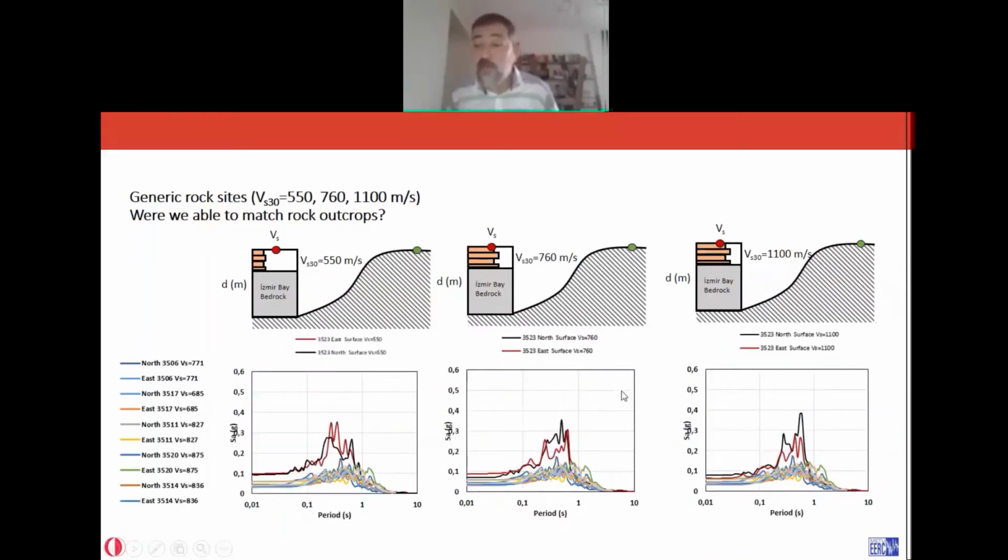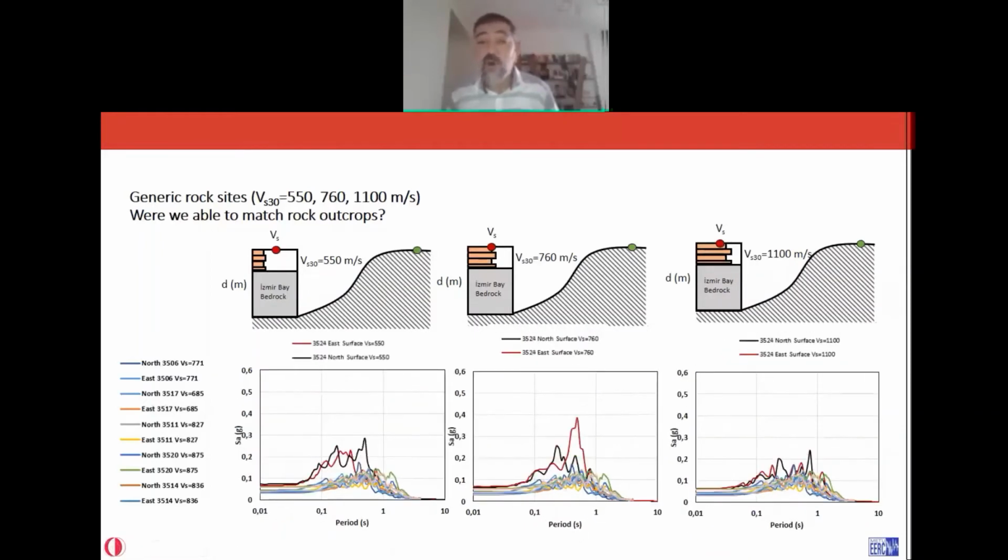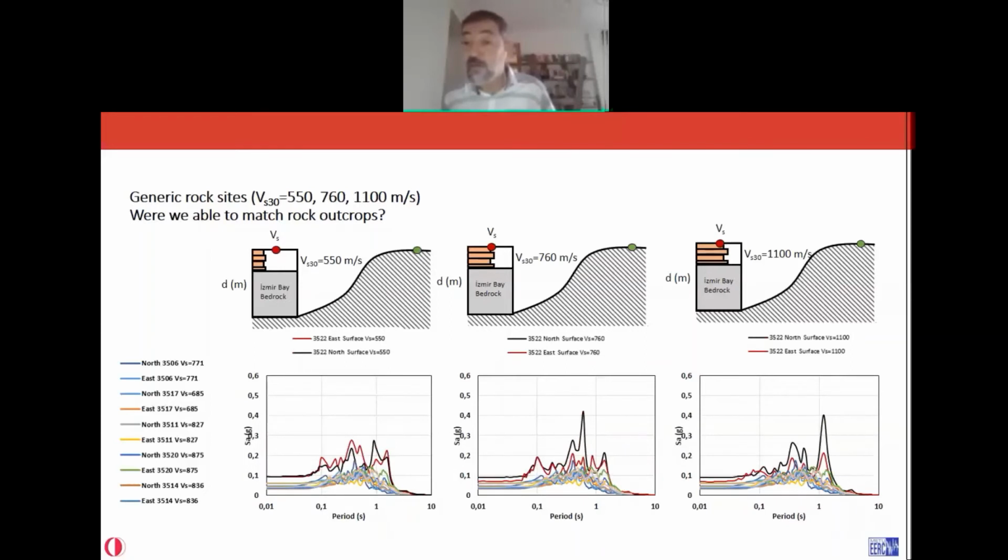Generic rock profiles do not really capture the rock response in Izmir Bay, because in Izmir, rock profiles have an unusual, unique nature: because of the extreme faulting system in Izmir Bay, these rocks are very fractured. And quite surprisingly, when you go deeper, shear wave velocity does not necessarily increase.